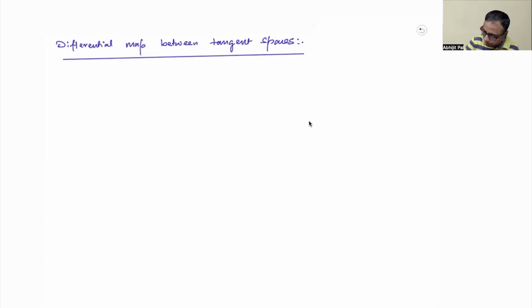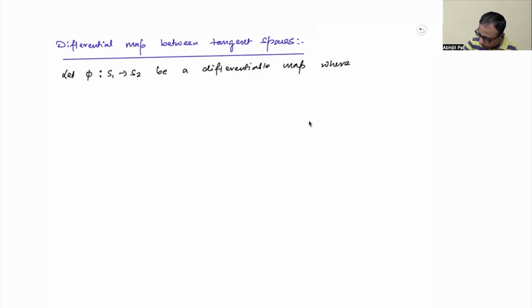Okay, so in order to define this differential map, what should you have first? So suppose you have a differentiable function from one regular surface to another. So let phi be a differentiable map from the regular surface S1 to regular surface S2.